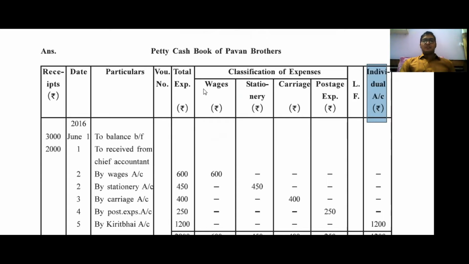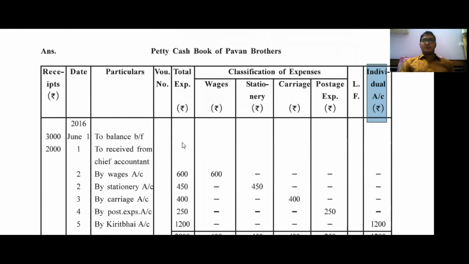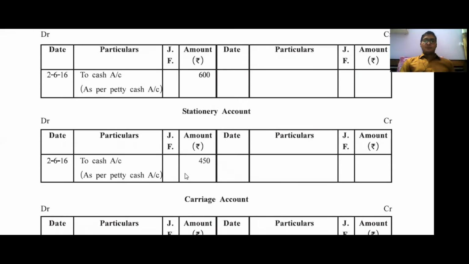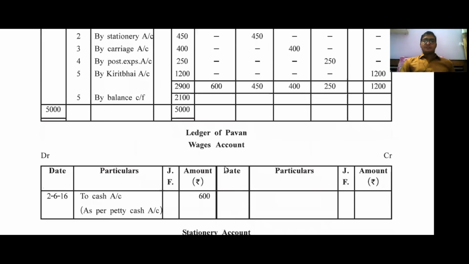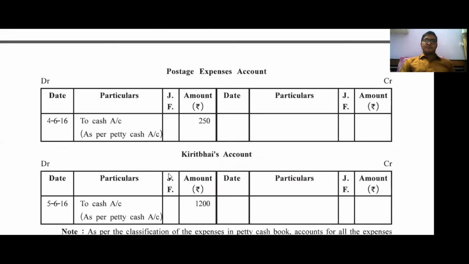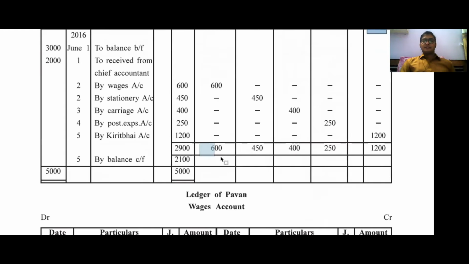So in each account we have to record on the debit side: wages 600, stationery 450, carriage 400, then postage 250 and Kirit Bhai 1200. This amount is recorded on the debit side: 600, 450, 400, 250 and 1200.